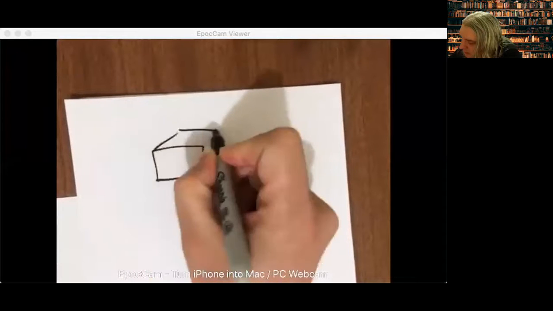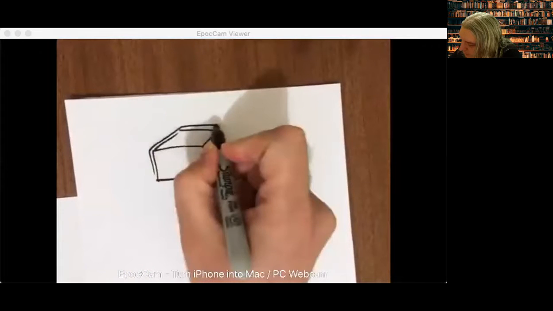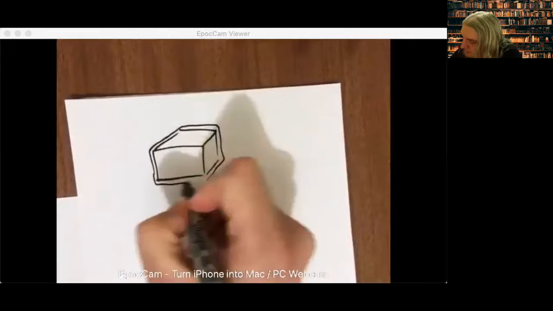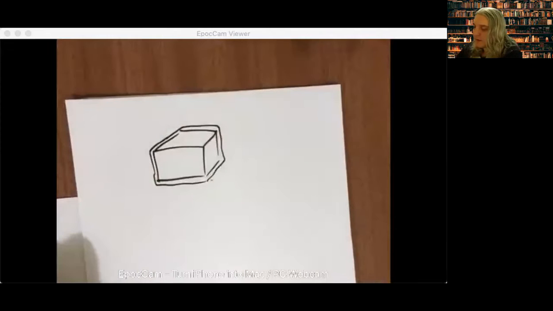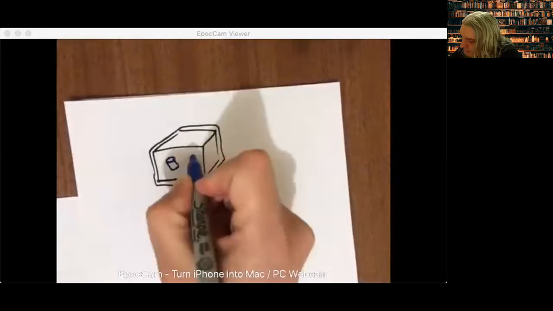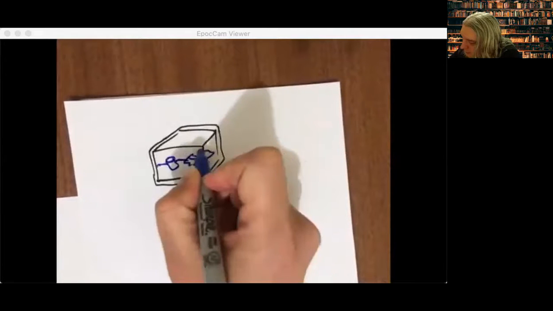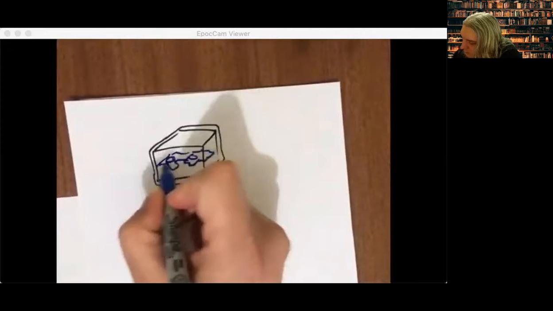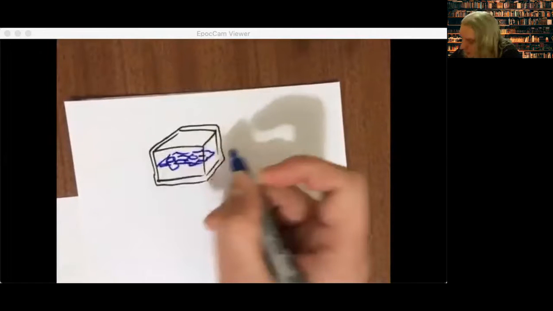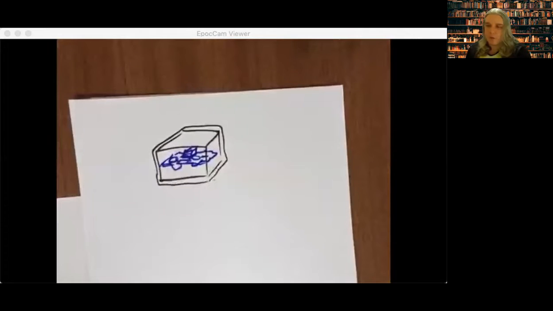Here's my chili bin. Now this is 2 centimeters thick, so it's got a thickness to it, and inside of that we've got our cans of drink floating in some water with some ice in it. There's our block of ice.